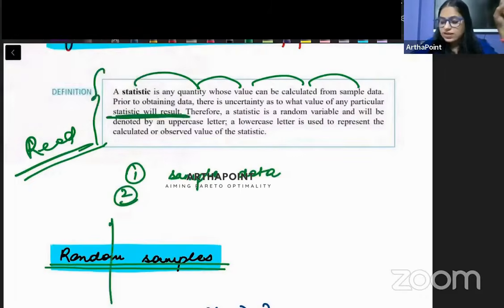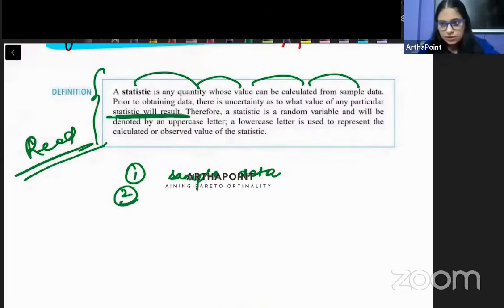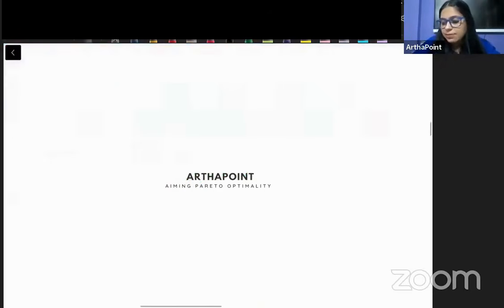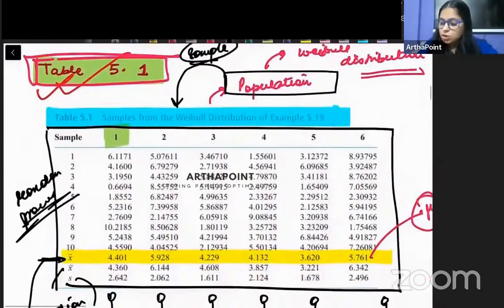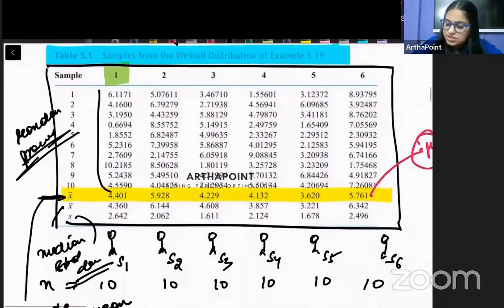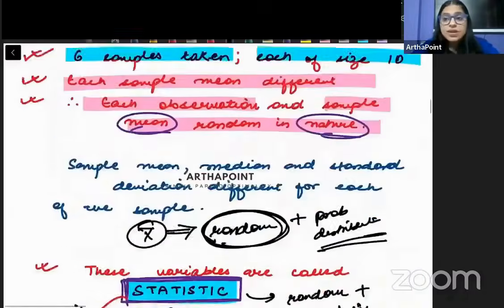तो ये बात समझने वाली है कि क्योंकि मुझे यही नहीं पता कि मेरा sample क्या बनेगा. राइट? For example, in the example I have given you. ठीक है, जैसे अगर हम इस table पे वापस आ जाएं, if I just look back into this table, तो बेटा if my sample is this, अगर मेरा sample ये बनता है तो mean की value ये होगी. But अगर मेरा sample ये बनता है तो mean की value ये होगी ना. तो मैं mean के बारे में तब तक नहीं बोल सकती.